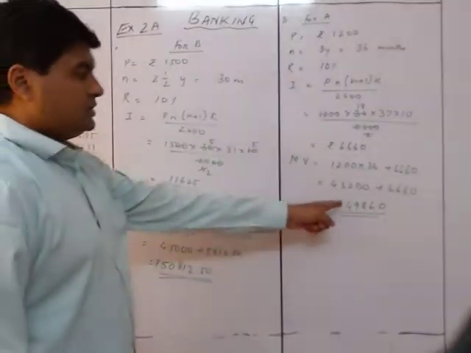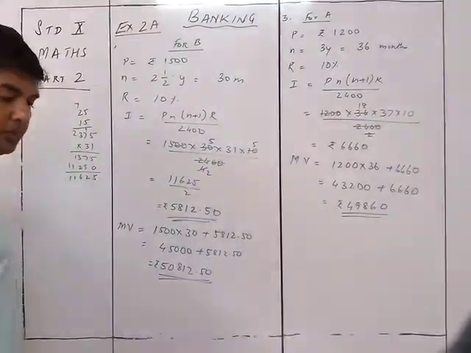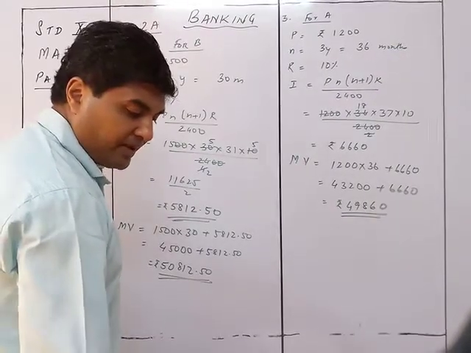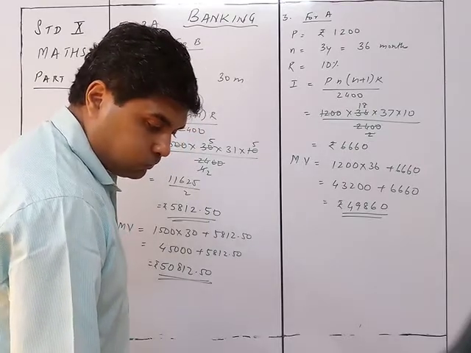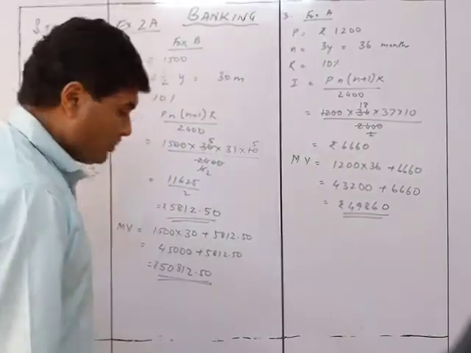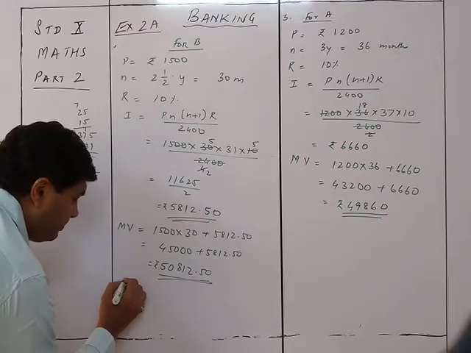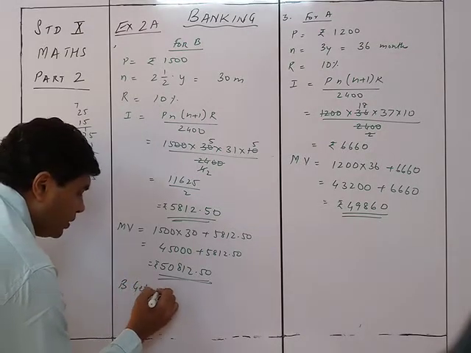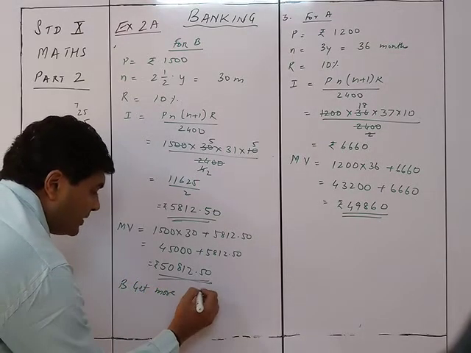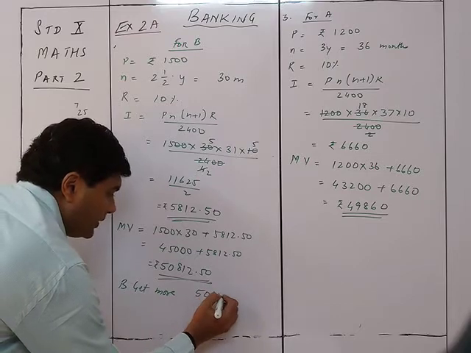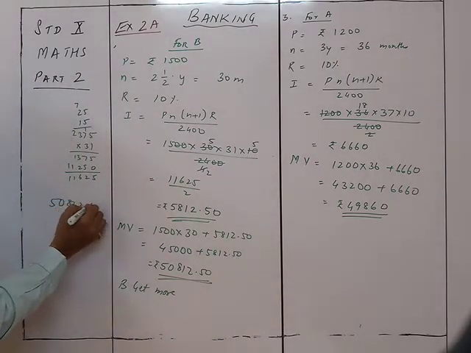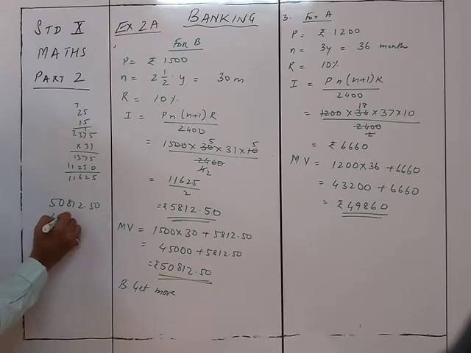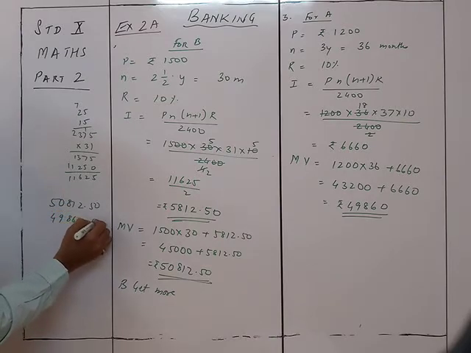So of course it is more. The question was who gets more and how much. So B gets more, and how much? We'll just subtract: 50812.50 minus 49860.00.